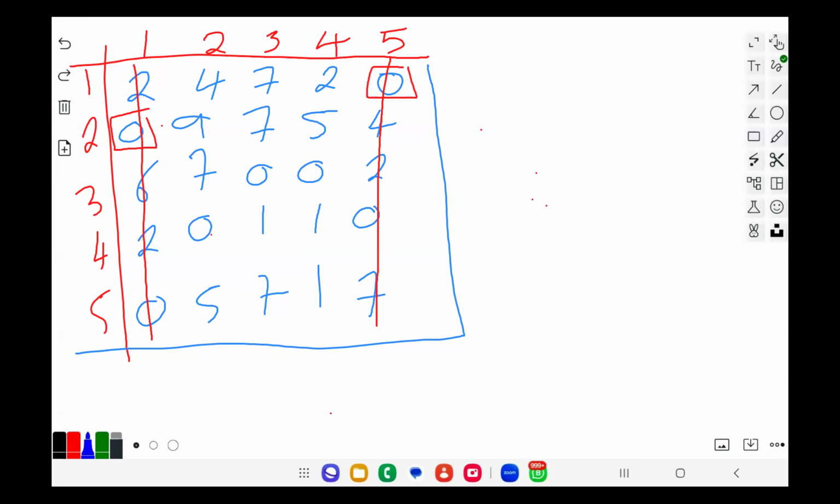Then let's come to the third row. In the third row, what happens? We have more than one 0, so you leave that where it is. Let's come to the fourth row. You also have more than one 0. I'm saying that the other 0 has been cancelled.